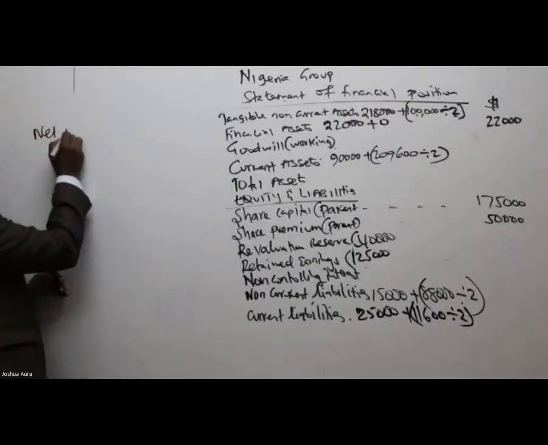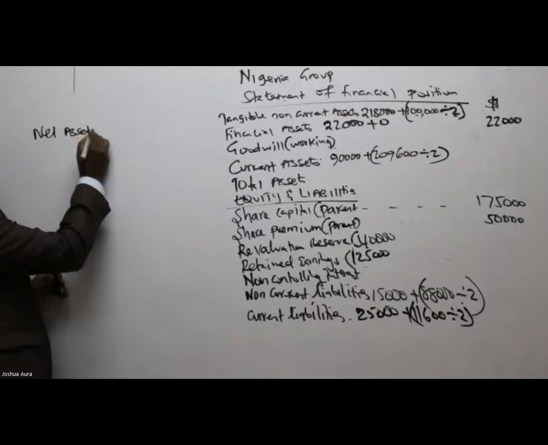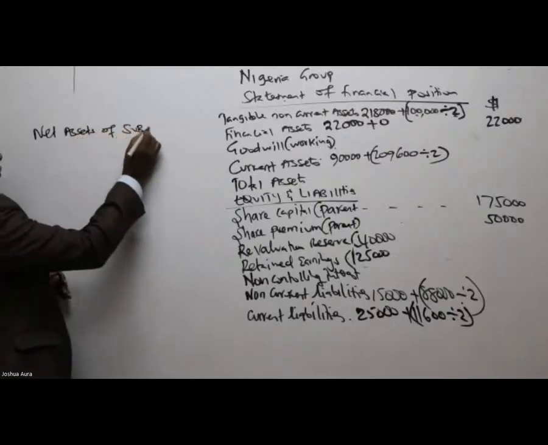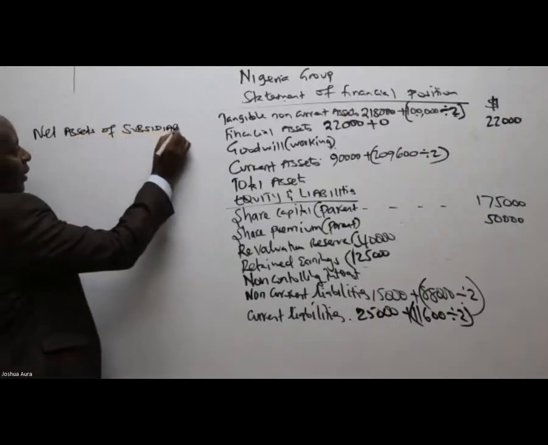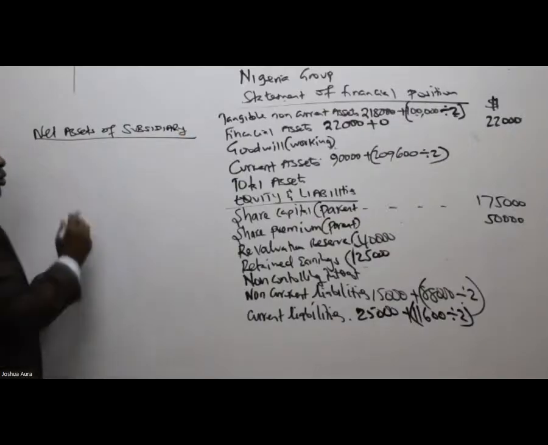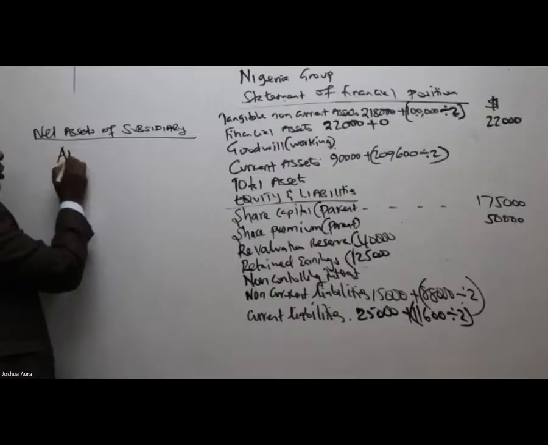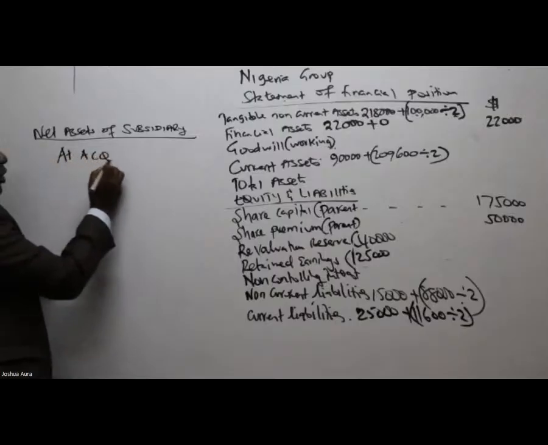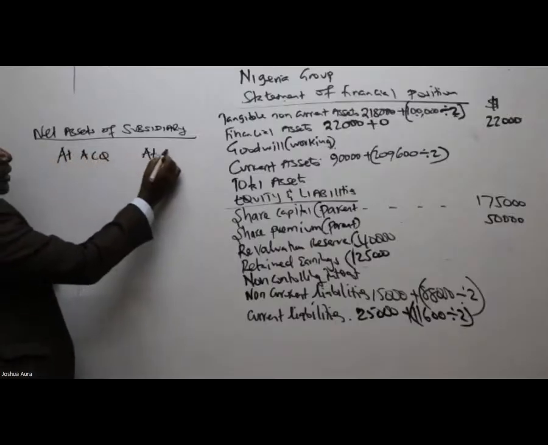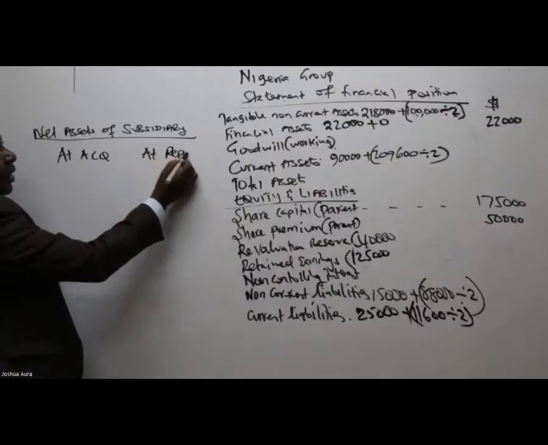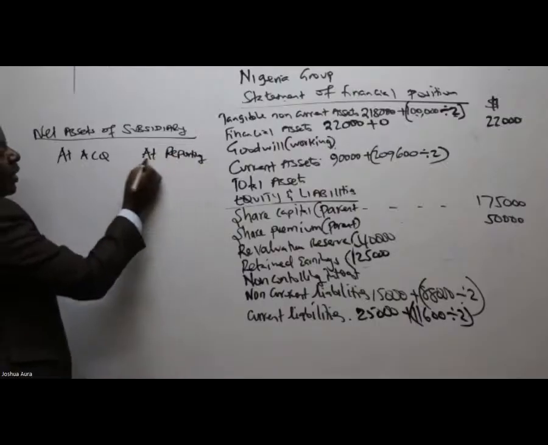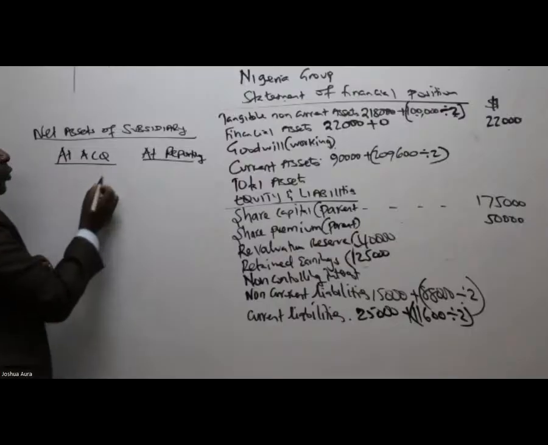Net assets of the subsidiary, 3 marks really. Remember, net assets, we have to give net assets at acquisition and at reporting, 2 of them. At acquisition and at what year?